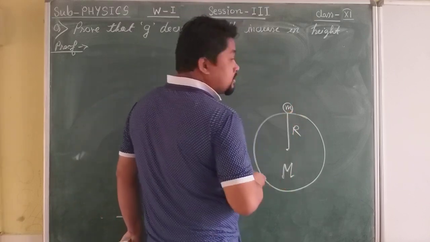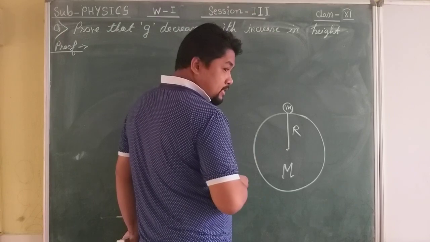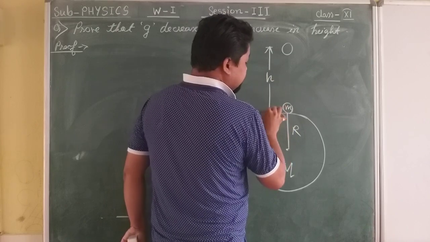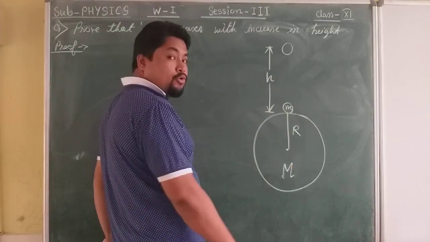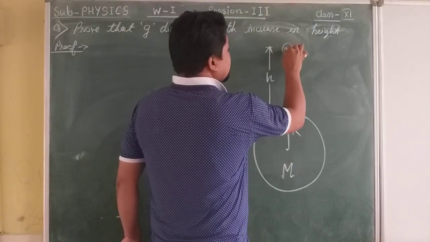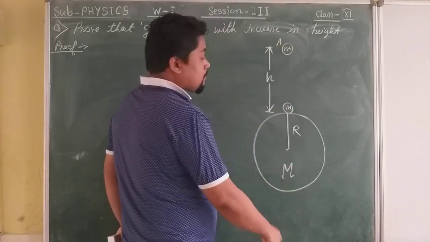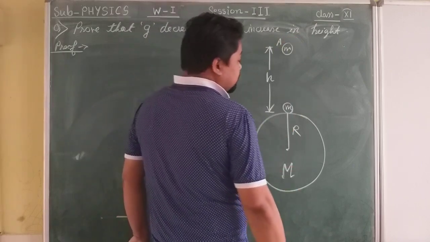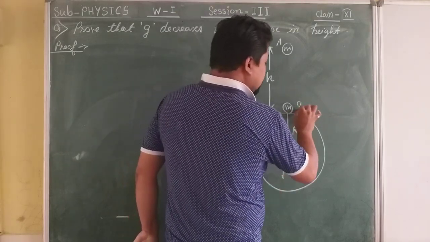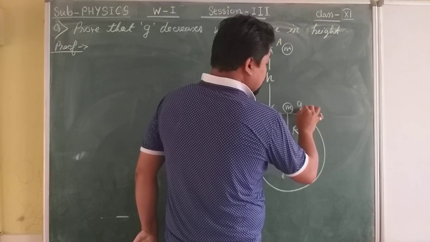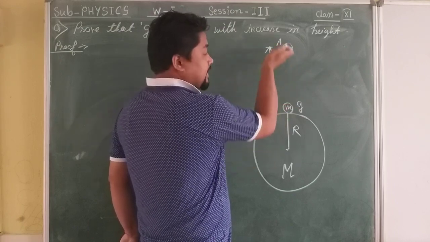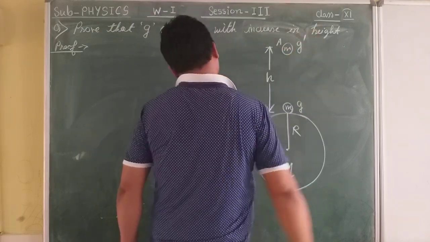If the object is displaced through a vertical distance h after application of an external force, then the new position of the object is suppose A. Acceleration due to gravity on the surface of the earth is suppose g. And acceleration due to gravity of the object at height h is suppose g dash.